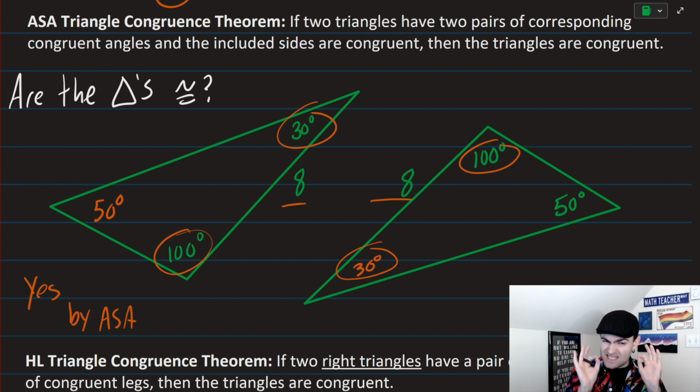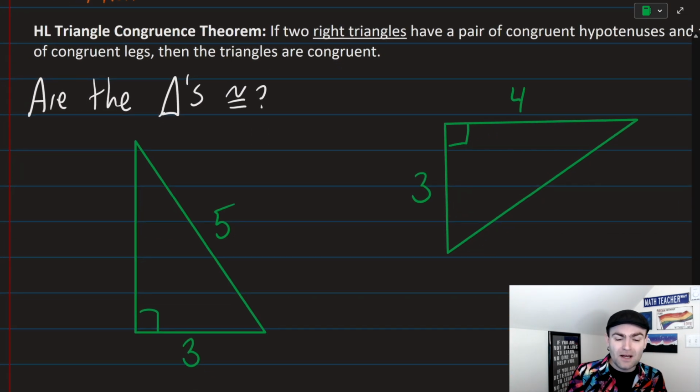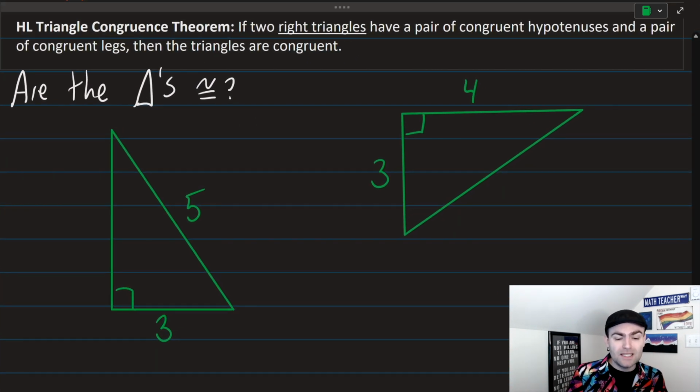The last one is a special case, and it only works for right triangles. So the first 3 work for any triangle. The last case is specifically right triangles, and that is hypotenuse leg. If you are given the hypotenuse and a leg of right triangles, and those are the same, then your triangles are congruent.